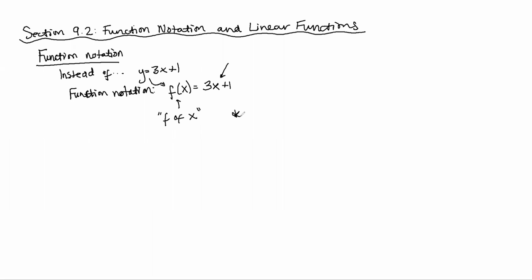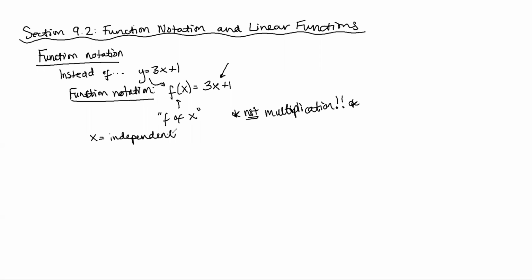One big thing to keep in mind is that even though there are parentheses here, this is not multiplication. That's a really common mistake with these, seeing parentheses and thinking that that's multiplication. Again, this just means f of x, or a function of x. x is the independent variable.